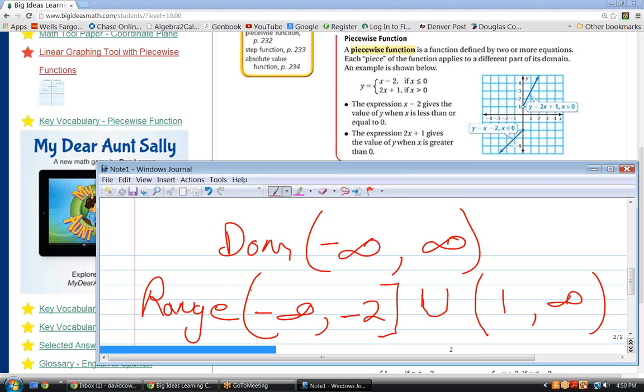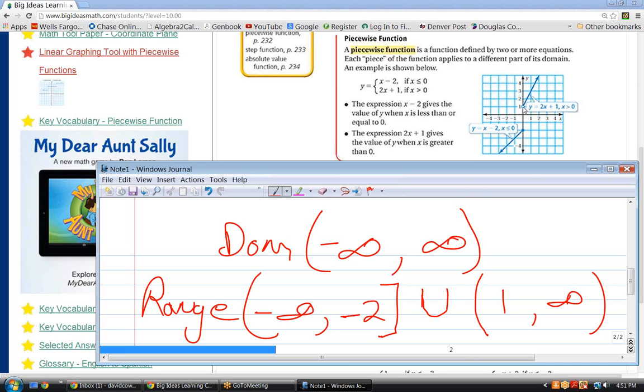Now, we always use parentheses next to the infinity sign, no matter what. And we use either parentheses or a bracket depending on whether it can be equal to that number or not. Since the range can achieve a value of minus 2, we have a bracket next to it because of that closed dot.